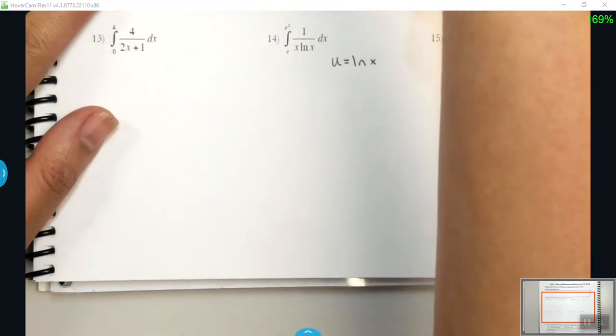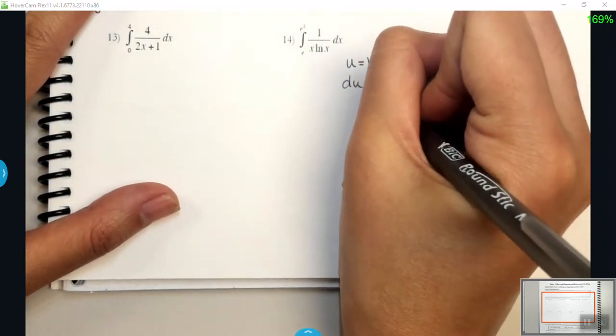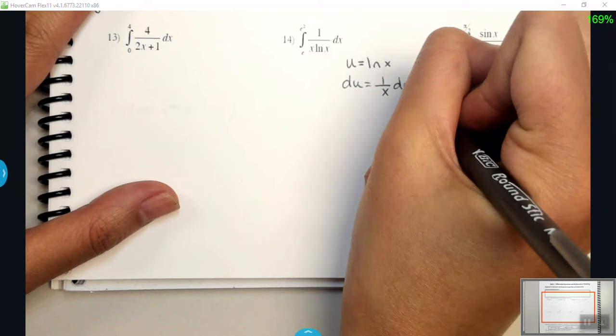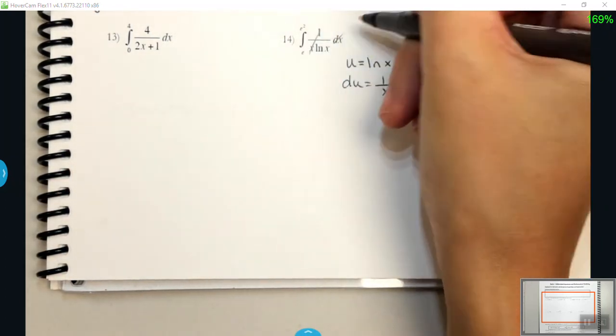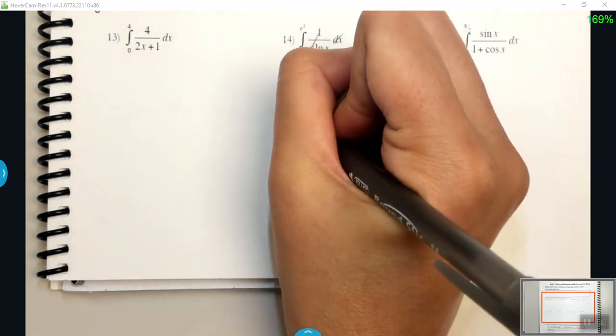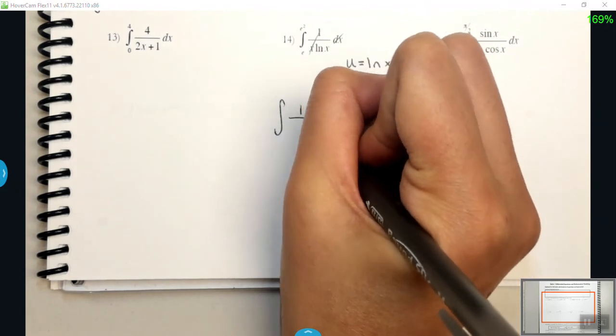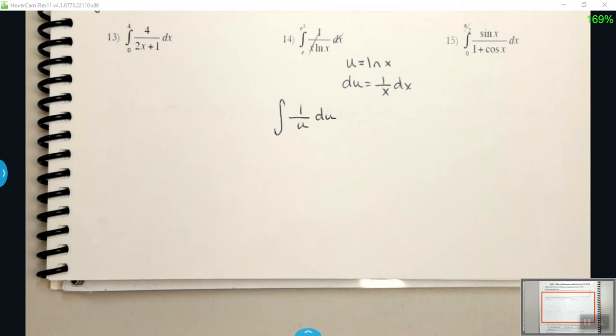What's the derivative of natural log x? 1 over x dx, which is great because that is right here, right?